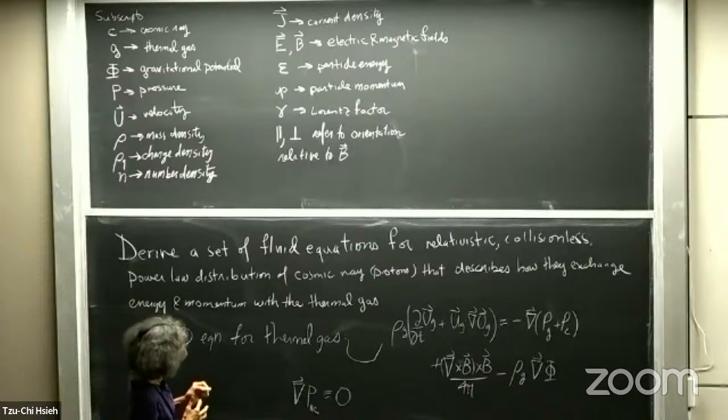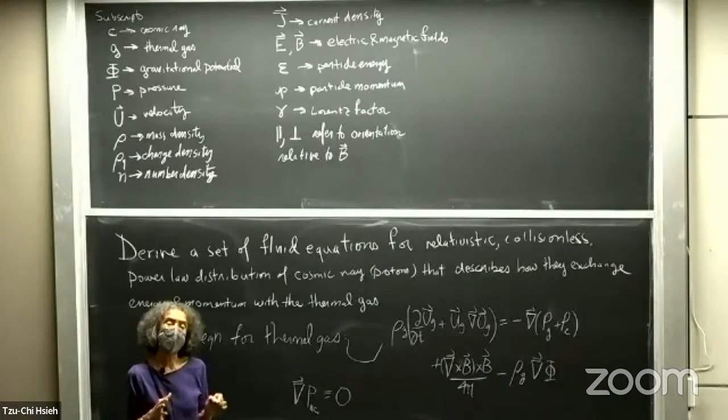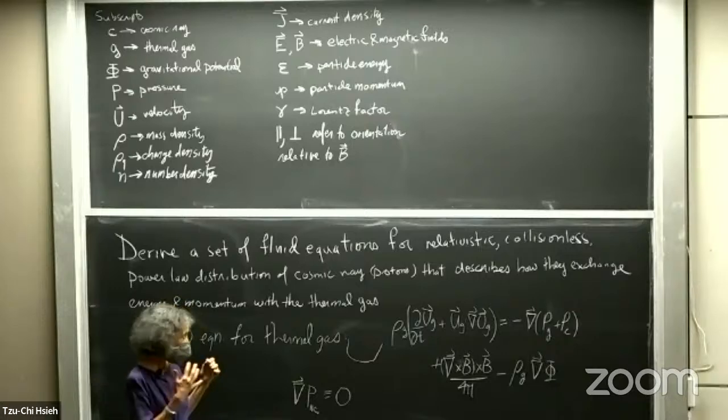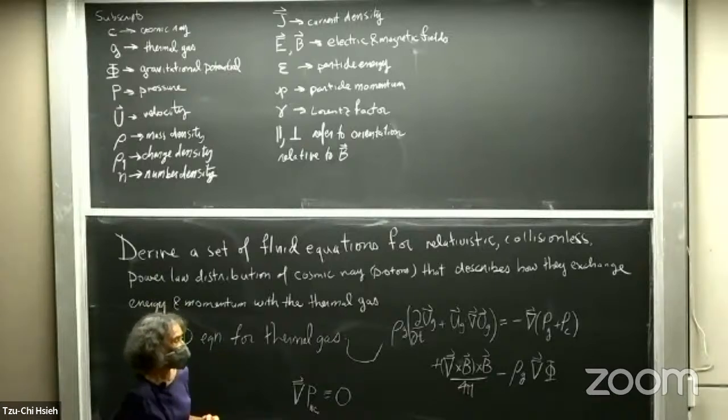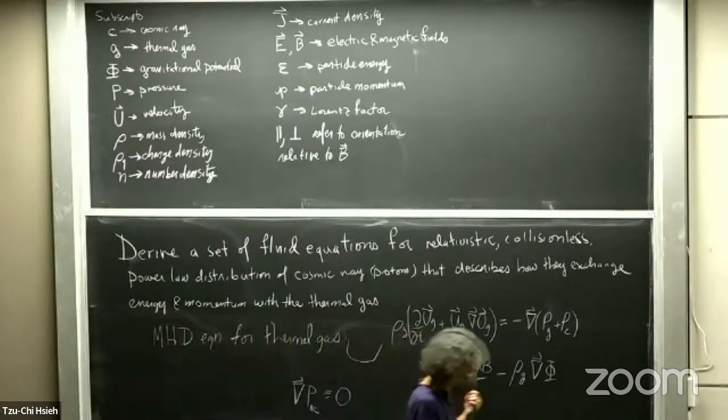And what we're now going to show is that the parallel component actually there can be a parallel pressure gradient, and it can act on the thermal gas. And this is going to take us on a long and somewhat formal, convoluted path.